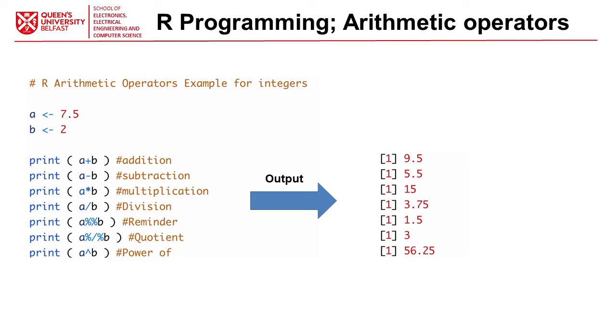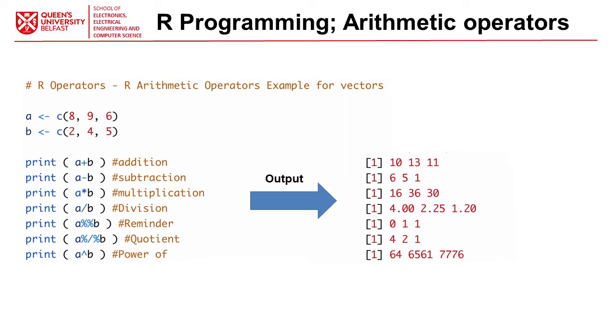So addition, subtraction, multiplication, division, remainder, quotient, 7.5 divided by 2, which for the quotient would be 3, and a power b, 7.5 power 2, which is 56.25.